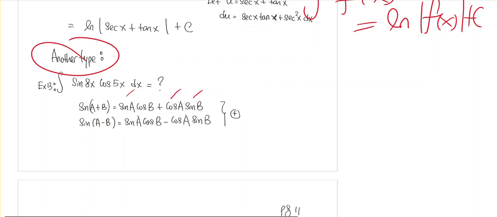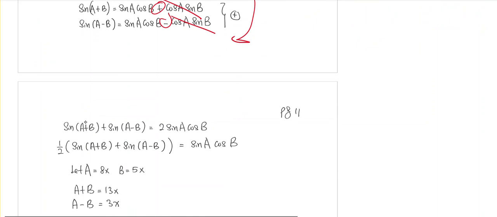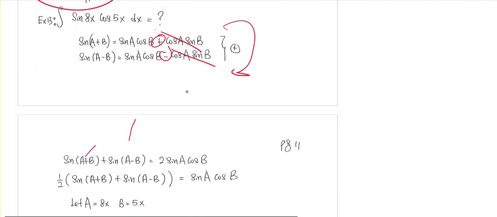So when you have this, you can see that these two are the same. Actually, these two are also the same, but these two have opposite signs. So if you add these two equations together, these two will cancel each other out, and you will have sine of A plus B plus sine of A minus B equals 2 times this. Let me say that one more time.